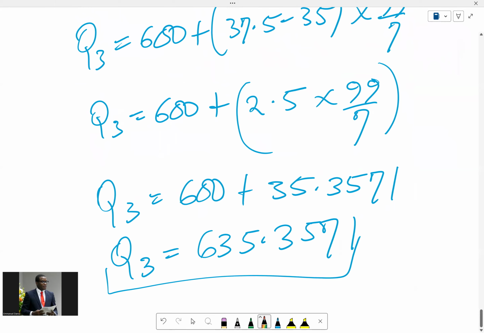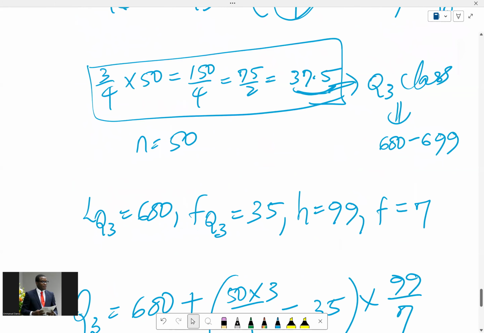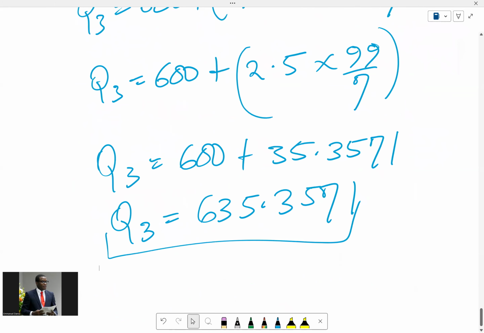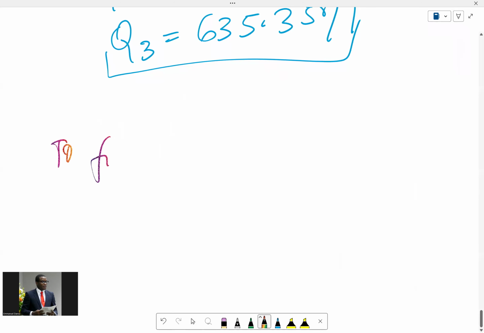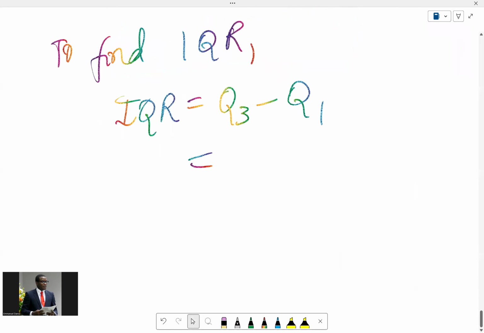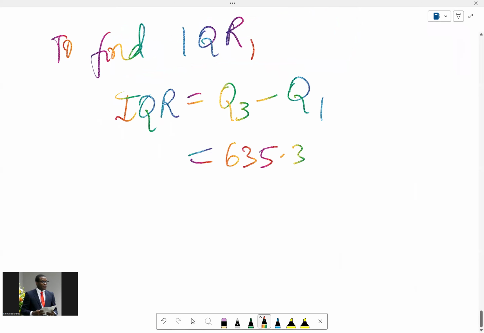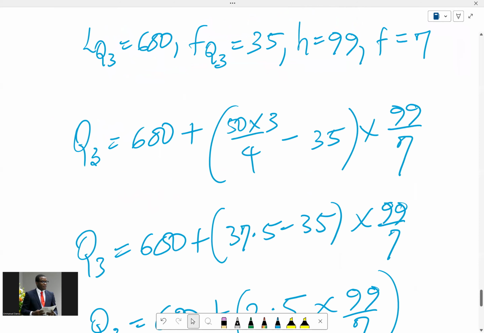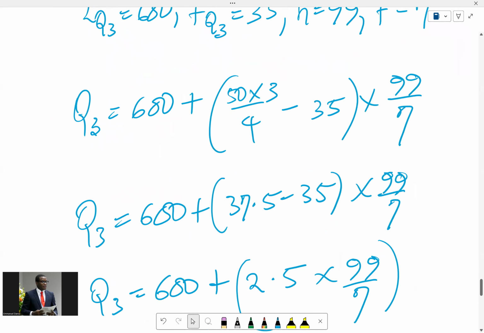So next we go for IQR. So we want to find IQR now. IQR we know is interquartile range, right? Which is Q3 minus Q1. So Q3 is 635.3571 minus Q1, which is 516.5625.